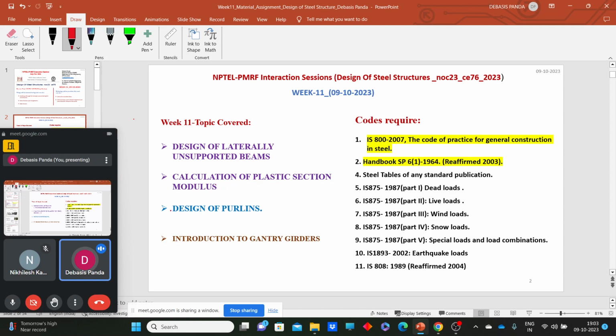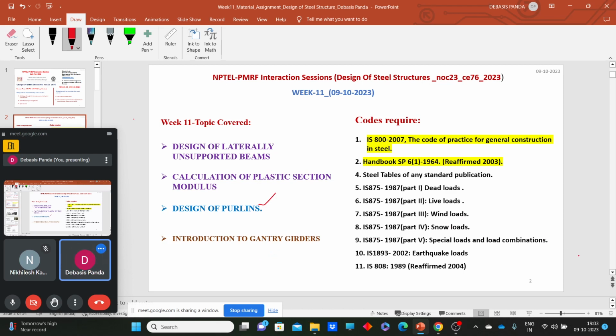Then we will move to the design of purlins, where we will learn the design procedures for I section, channel section, as well as angle section used as a purlin. Then, if time permits, we will go to gantry girders. Before that, we will solve the previous year assignments.